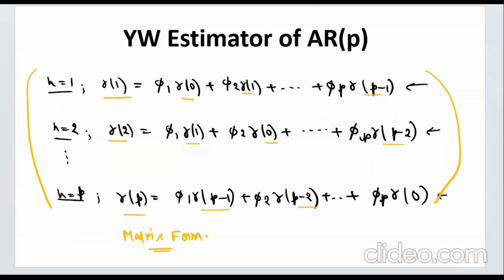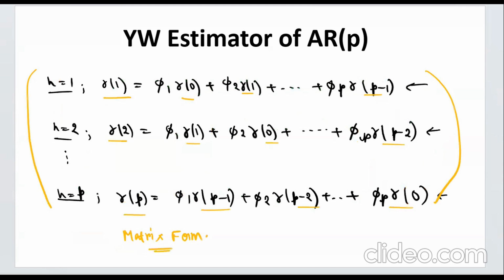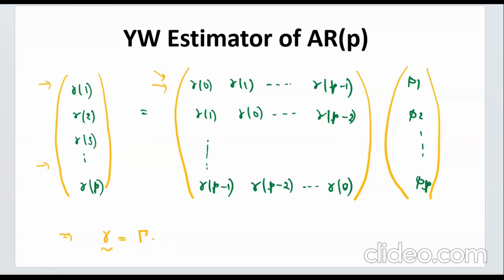So here you have this thing. Let me write that with this symbol. This represents this entire matrix. And then you have all the phi's, phi 1, phi 2 up till phi p, and this is given by this vector. Let me call it phi curl. When we write a vector, we use this curl sign.